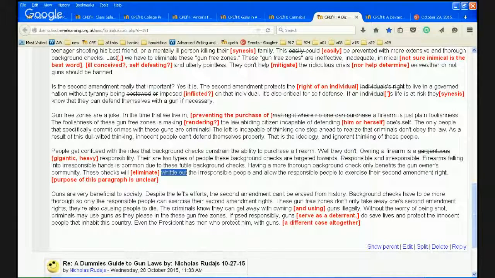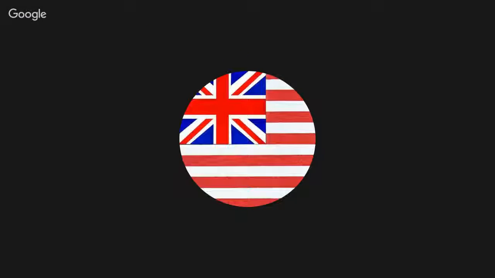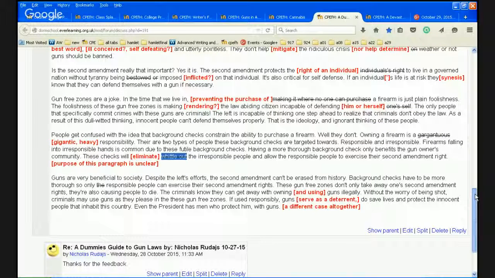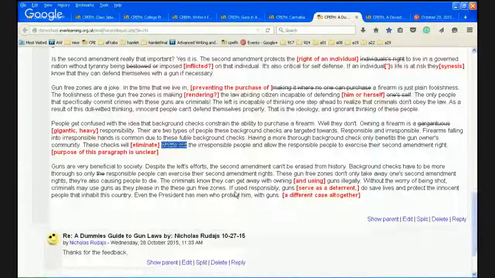You mean the criminal can be confident that he or she is not going to encounter a gun in a gun-free zone and is therefore free to run amok. Because criminals have been interviewed, and if they want to commit a crime, they would go to a gun-free zone.